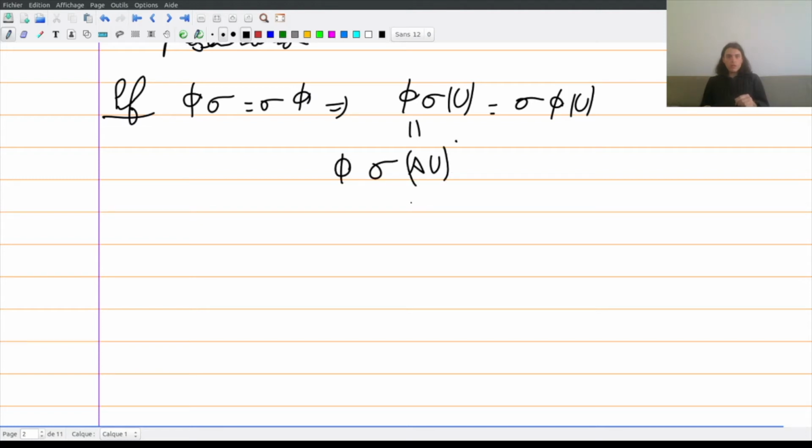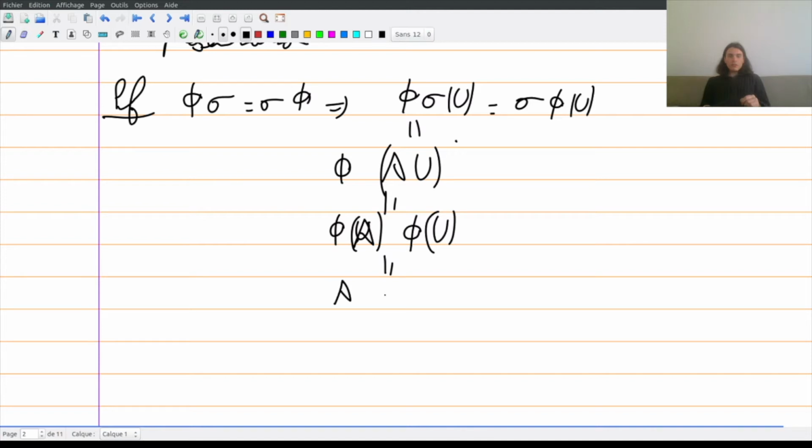So okay, and then you use the fact that, yeah, we are done. So it's psi of A times psi of U. And then I use the fact that psi leaves the entries of A invariant. So okay, it implies that psi of U is a fundamental solution.